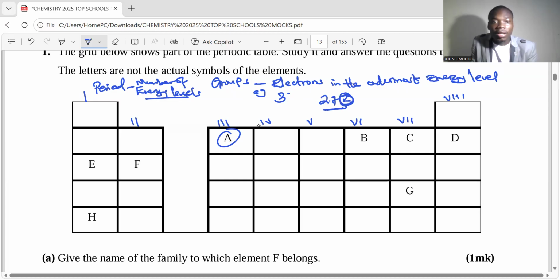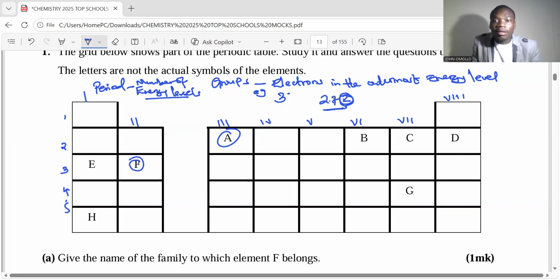Periods are from here 1, 2, 3, 4, 5, so they run from up to down. The groups run from left to right. Periods run from north to south. I hope we are together. So this element belongs to period 3, group 2. So the element is F.